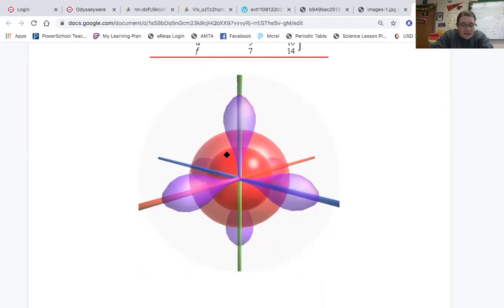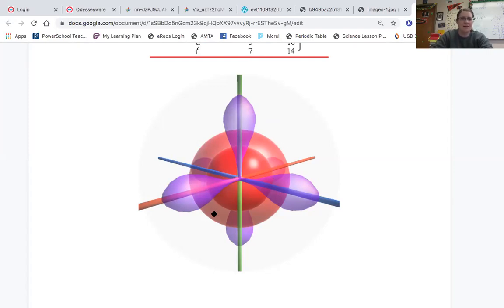This center region would be like your first energy level, and that's the s orbital. This next red region is the second energy level and the s sublevel. And then these little purple balloons sticking off the end, those are the p orbitals, and that would be in the second energy level as well.